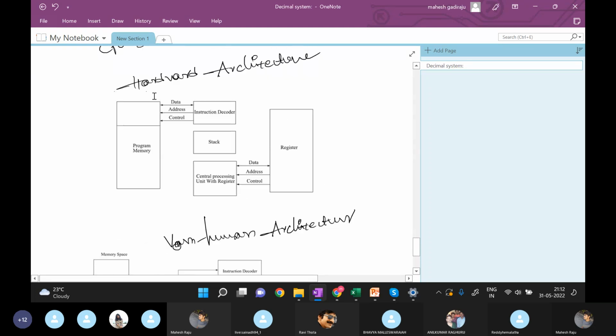So guys, you no need to remember what kind of microcontroller comes with what kind of architecture and all those things. If you really want it, you can go to any microcontroller data sheet.